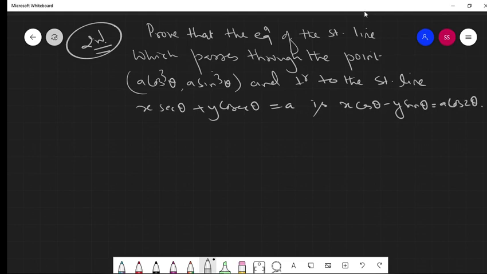This is the question. I will not go through the details, but I will make it clear. Firstly, what is the perpendicular line?